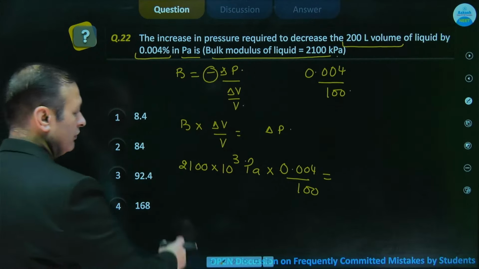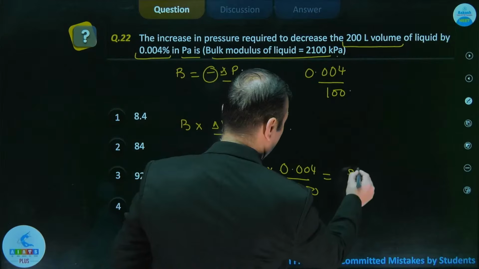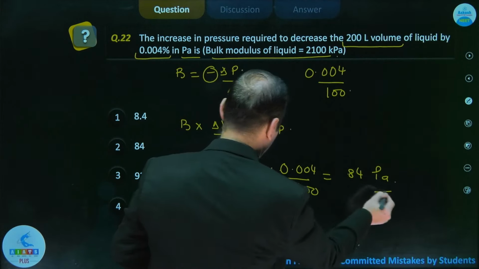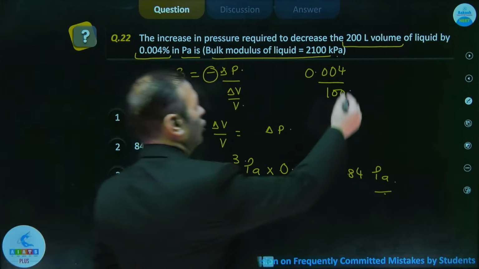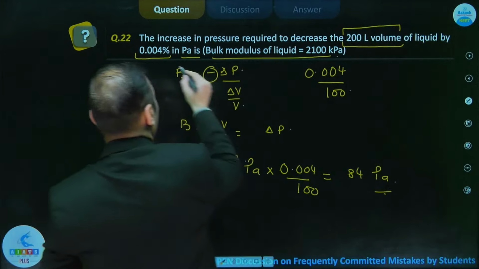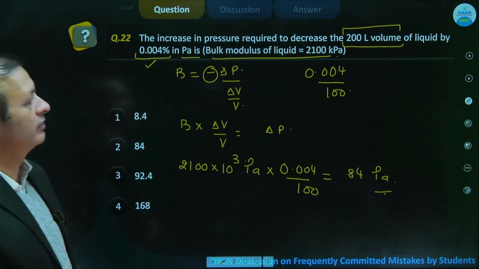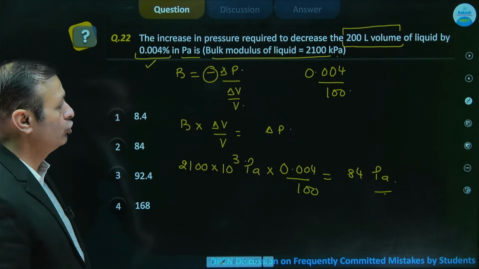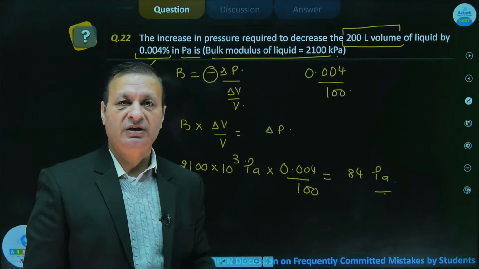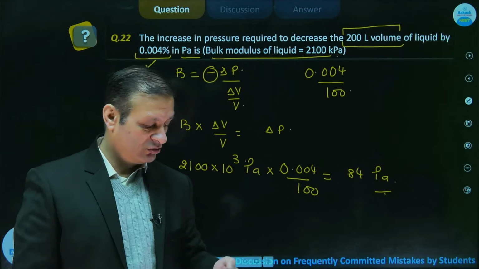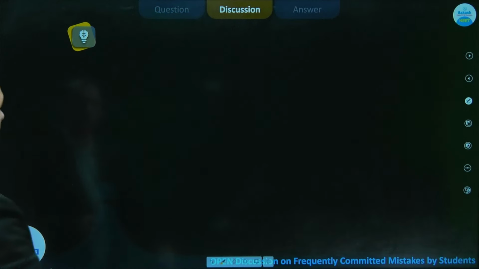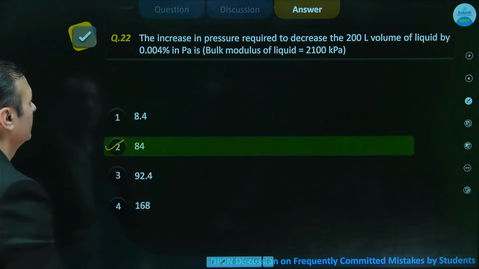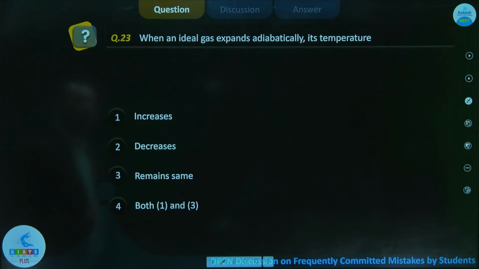When you solve it, it gives you a simple 84 as the answer, because all the powers of 10 cancel out each other. The initial volume has no significance, because when the percentage change in volume is known, the initial volume makes no difference to this numerical. So this is 84. Now moving to the next question.